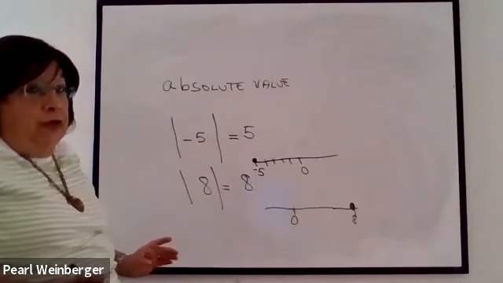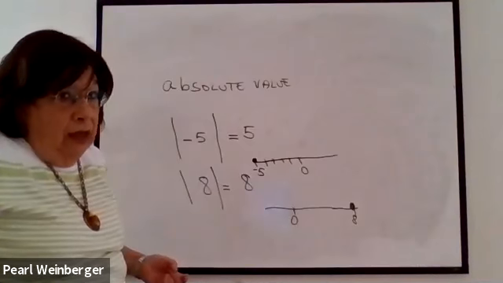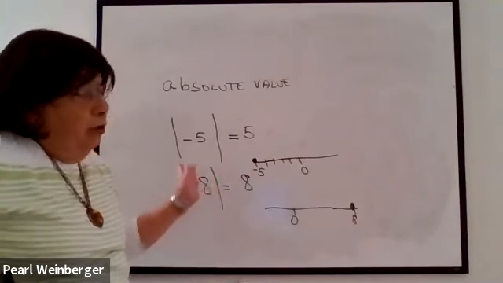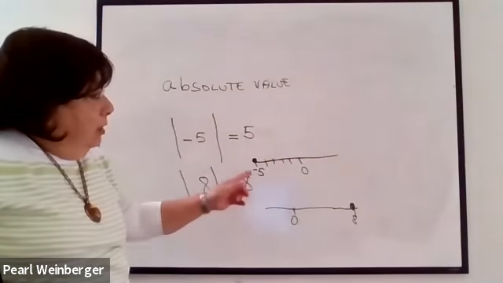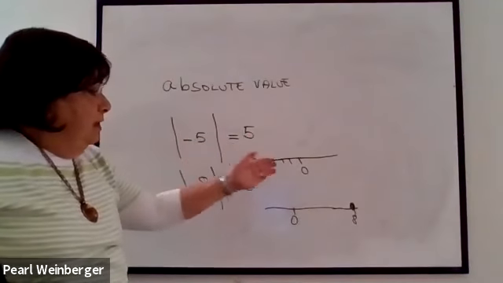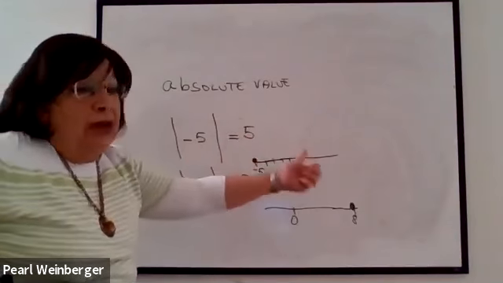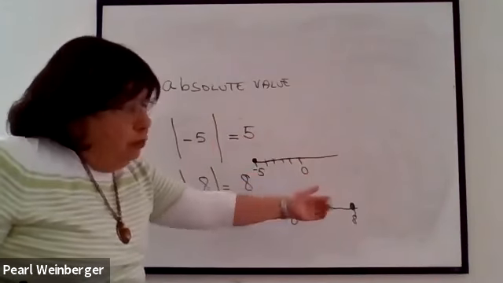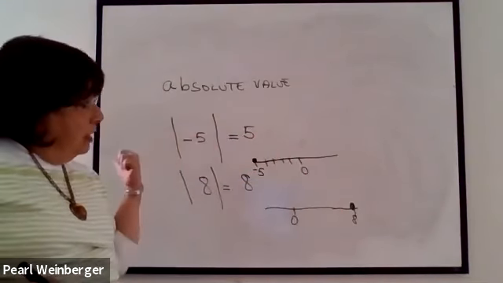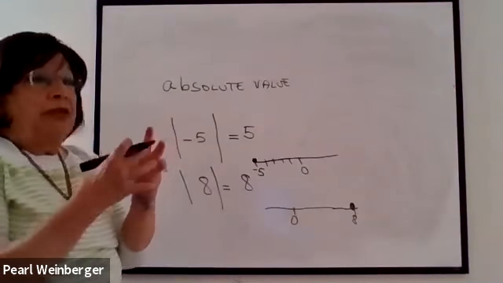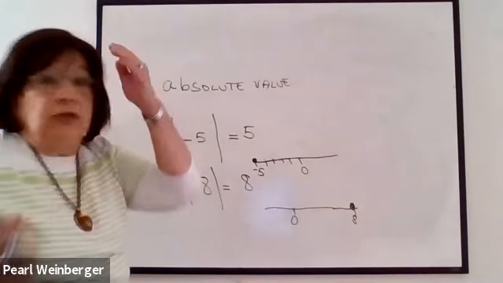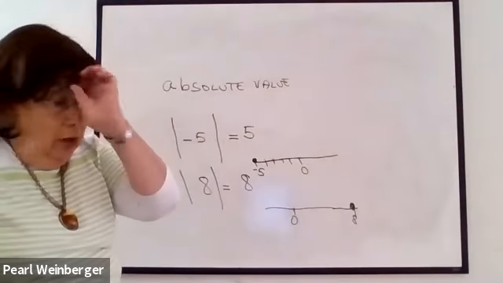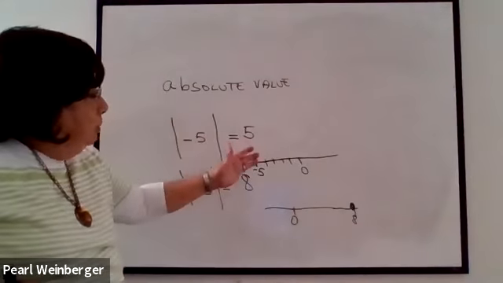But how many steps you're going doesn't depend on whether you're going left or right. It's just telling you how far you're going. So the sign is an indication of your direction. A positive sign means go to the right. A negative sign means go to the left. But the absolute value of the number is telling you how many steps you want to take. So that's what it means geometrically.